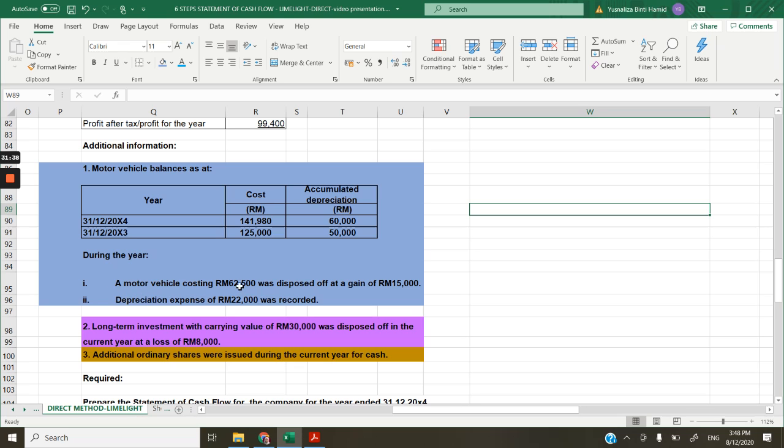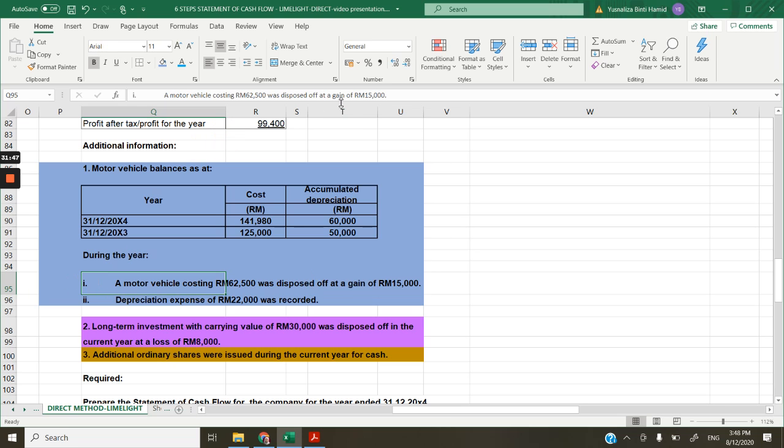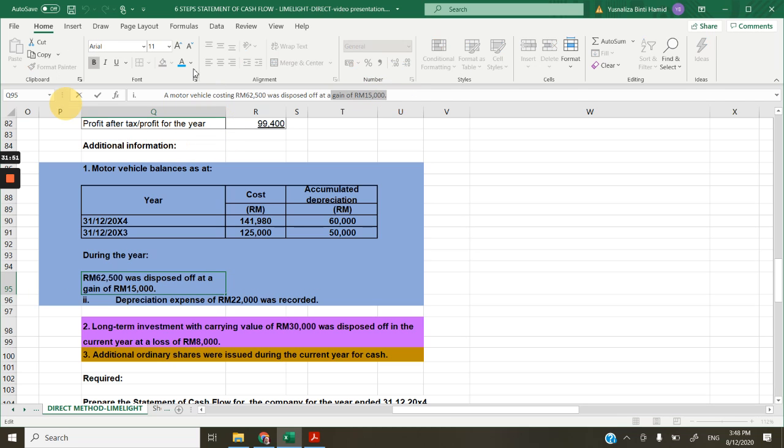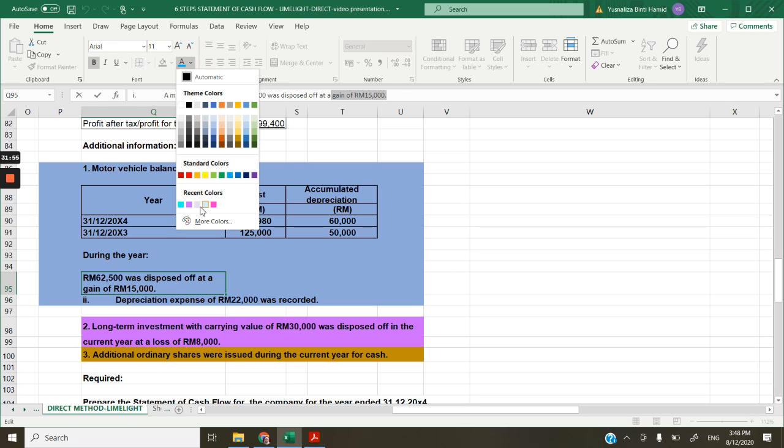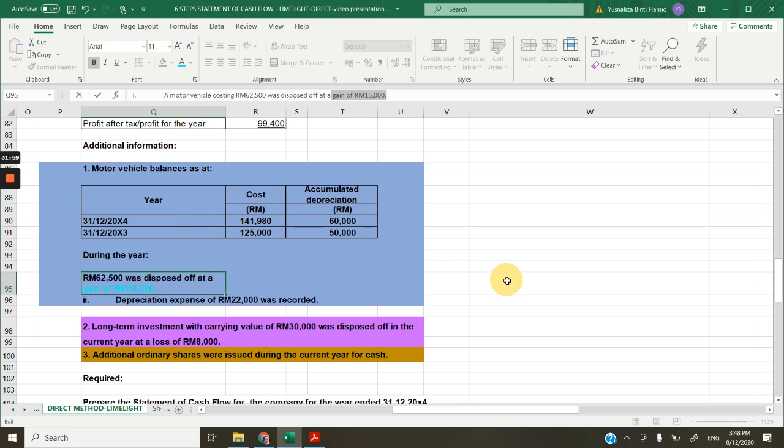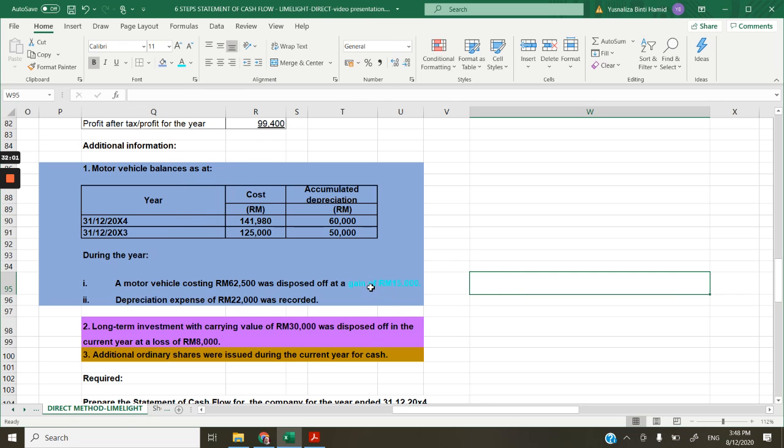So you have motor vehicle costing 62,500 was disposed at a gain. When you dispose at a gain, that gain is actually a non-operating, non-cash item. So for that non-cash item, the gain of 15,000, that gain must be excluded, or must be adjusted to arrive at the cash flow.